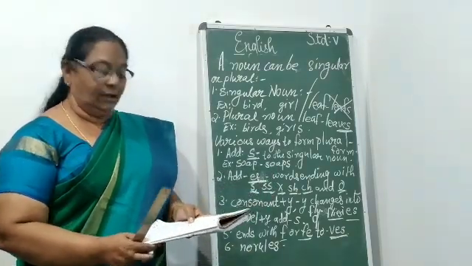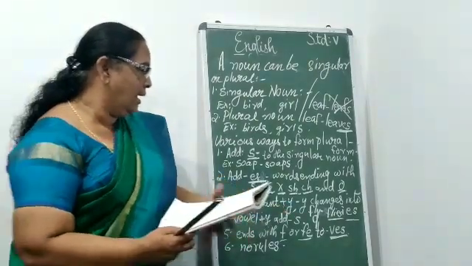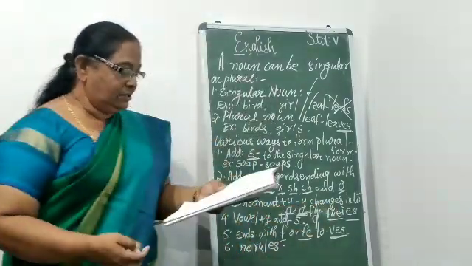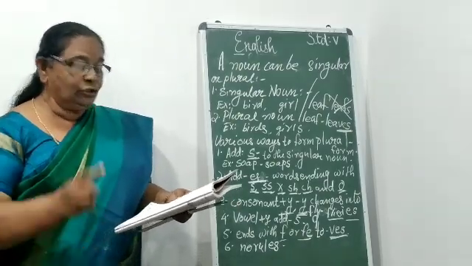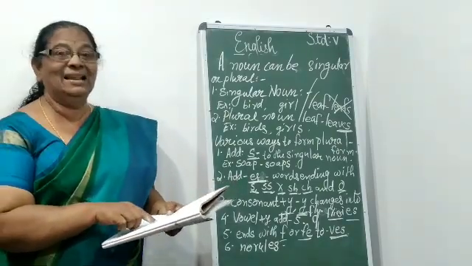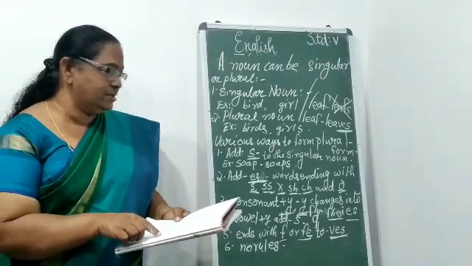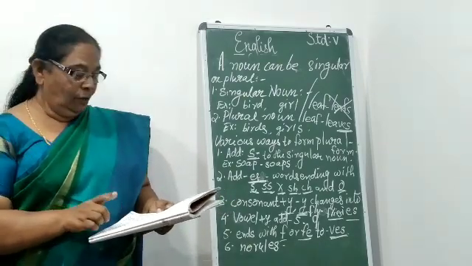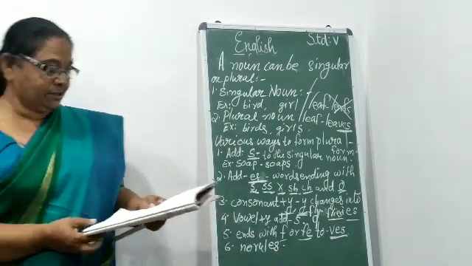Then coming to the third one, singular nouns that end with a consonant plus y. I told you to remember very carefully, consonant y: you have to cancel the y and add what? I-E-S. Like fly, flies. Family, families. Baby, babies. Okay?